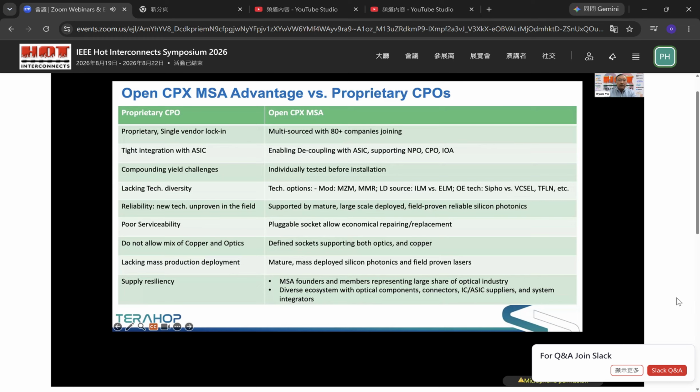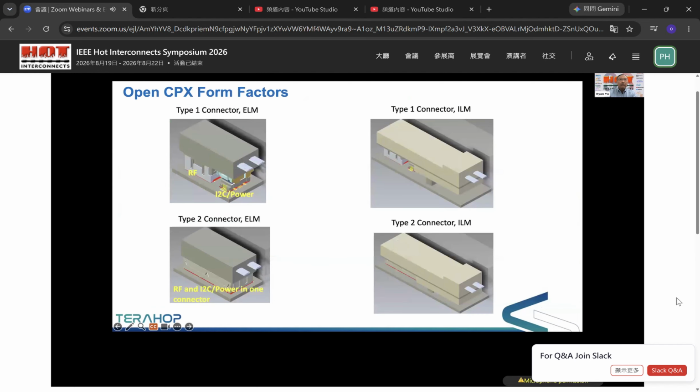And obviously, supply resiliency is going to be significantly improved. Now you have so many of the companies already involved in the optical connectivity business, they can continue to leverage this open ecosystem. Here, I'll share with you what the open CPX form factors are.